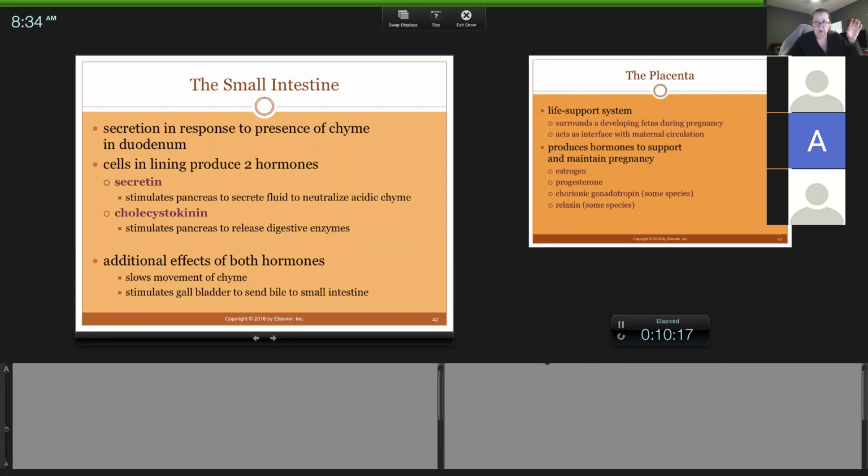And basically, when chyme leaves the stomach, the first place it enters is the duodenum. Especially if it's acidic, high in fat, or high in protein, these two hormones will give feedback to the stomach, and it will help neutralize the acidity. So it releases bicarb, helps release more digestive enzymes to help digest the meal, high fat, high protein, high acidity. And it also will slow down stomach secretions.